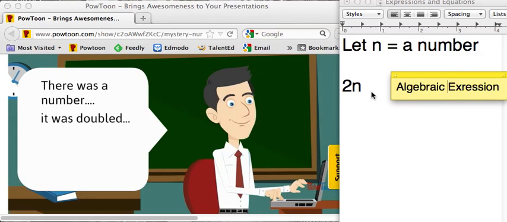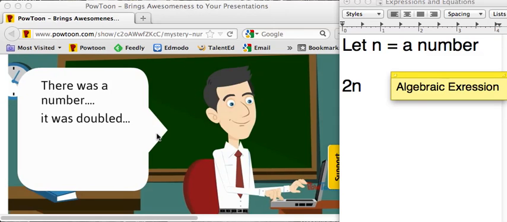So when we multiply a number or add to the variable, we use variables in an expression. We call it an algebraic expression.